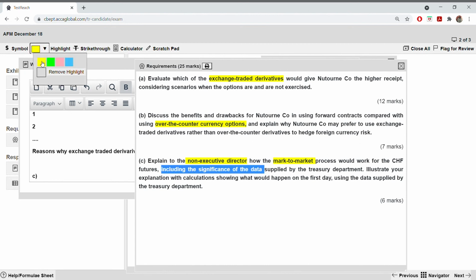You have to talk about the data also, whether it is important, whether it's not important, by the Treasury Department. And then you have to illustrate. So there are three requirements: explain, significance of data, illustrate. Okay, for 6 marks. So now we can close this down.